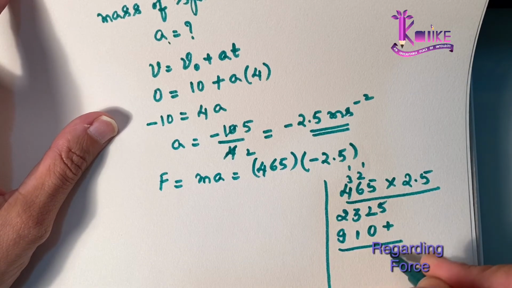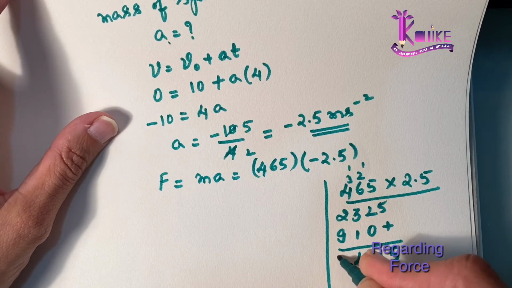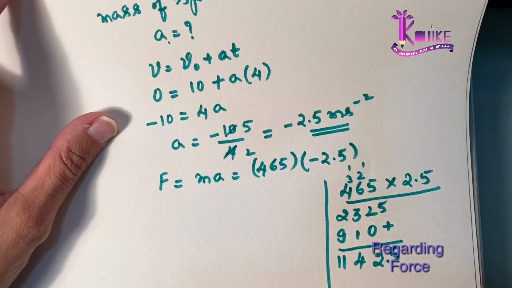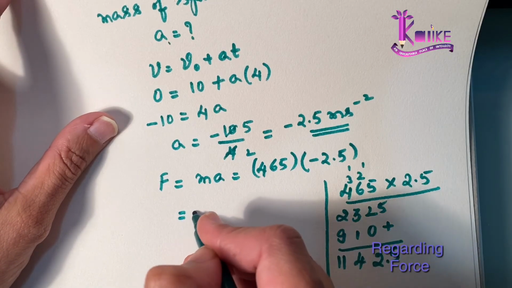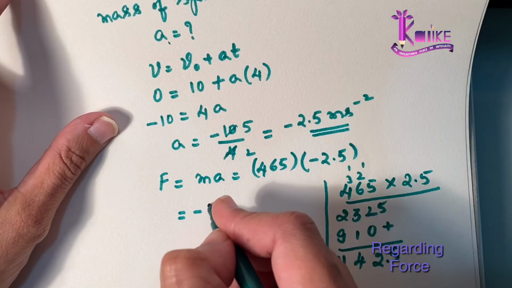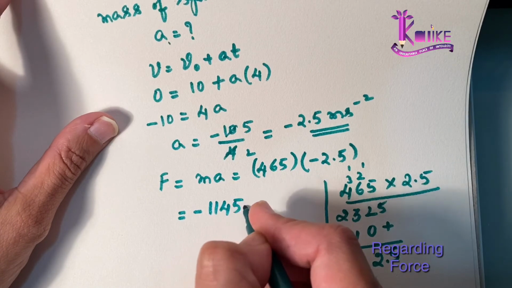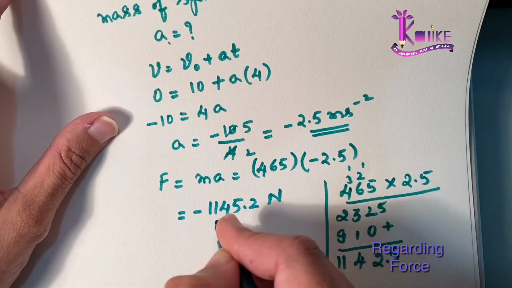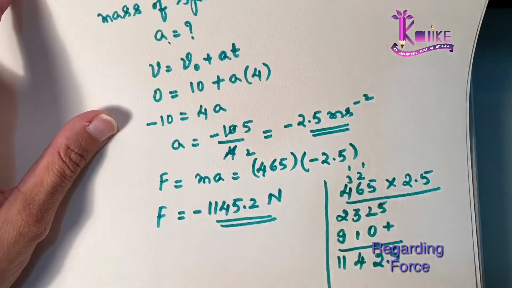So this will be 5 and 2 and 4 and 11, decimal after one digit, right? So this will be minus 1162.5 Newton. So why do you have a negative sign again?